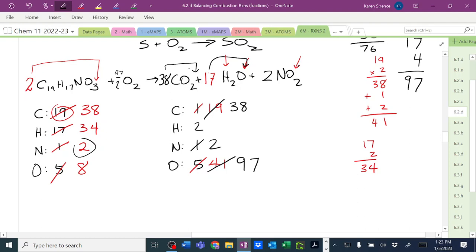Probably not, because you have to take into account the fact that we already have 6 oxygens there. So instead of 97, we need 97 minus 6, which is 91 oxygens. So we're going to instead put 91 over 2.